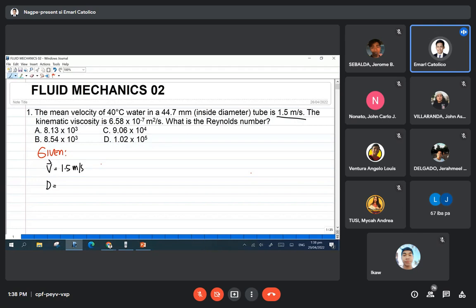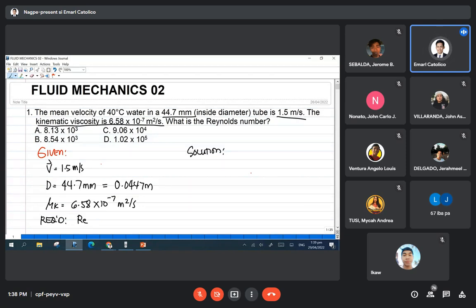So diameter of 44.7 millimeters, convert natin ng meters, 0.0447 meters. Then kinematic viscosity of 6.58 times 10 raised to negative 7 meters squared per second. So ang hinahanap dito ay Reynolds number.